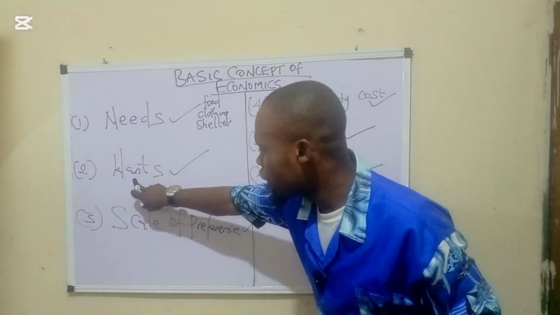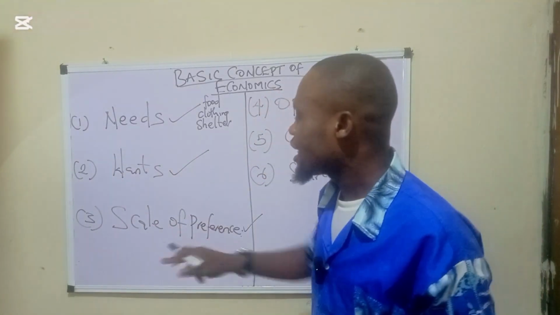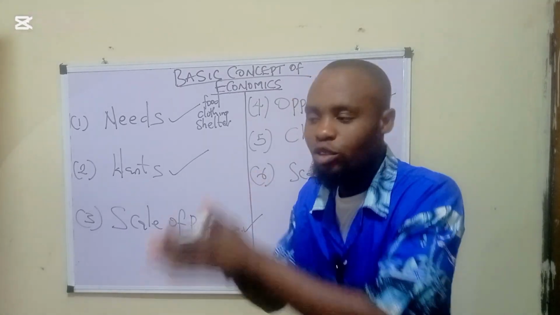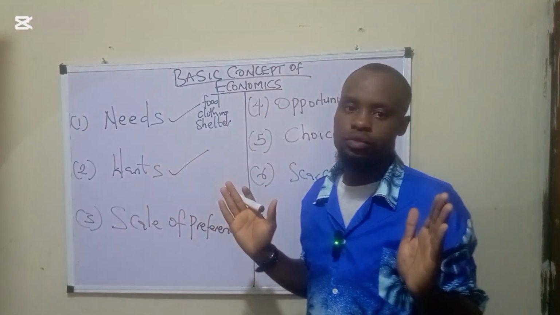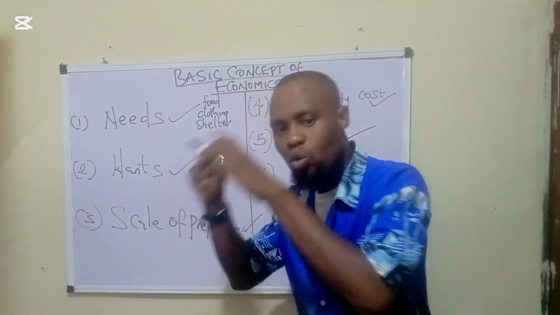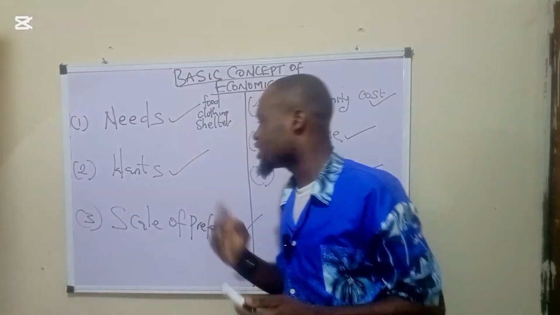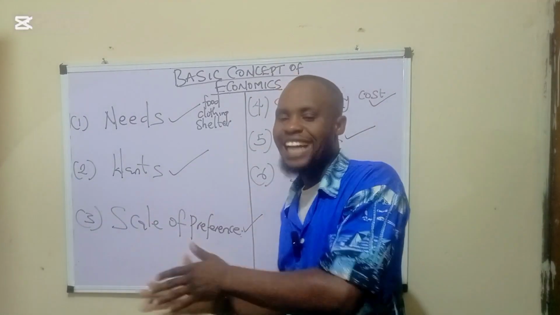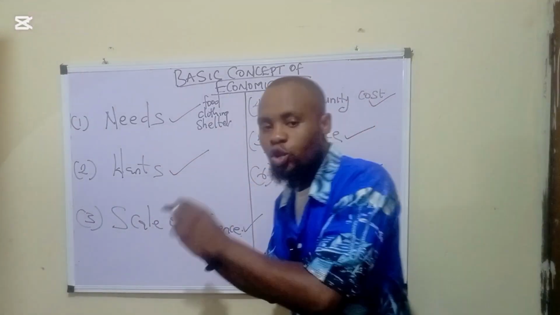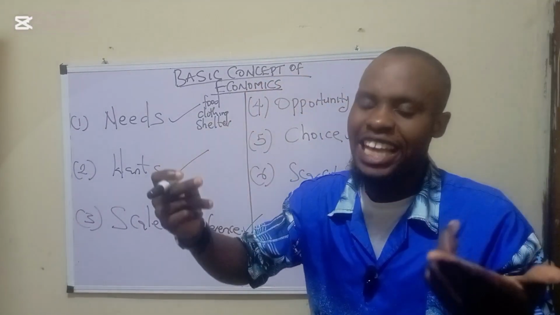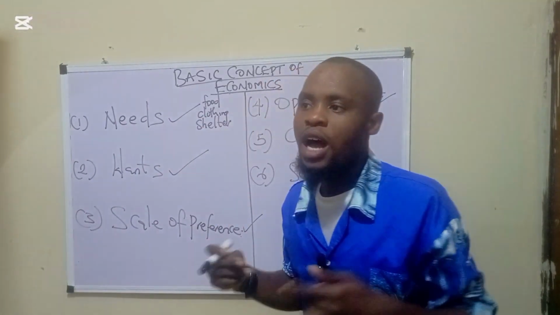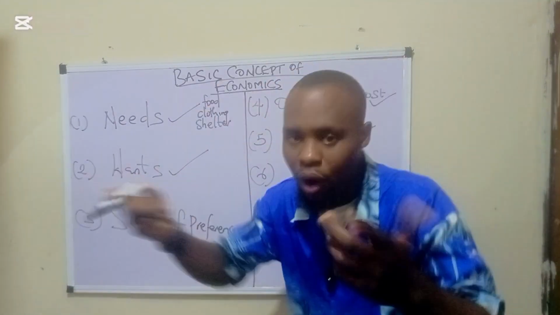So we're talking about wants now. Wants are mere desires we can do without. So mere desires we can do without are called want. Examples: we can do without having a luxury car, we can do without an expensive vacation trip, we can do without expensive jewelries.